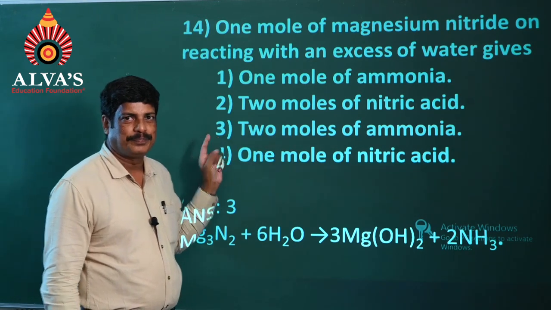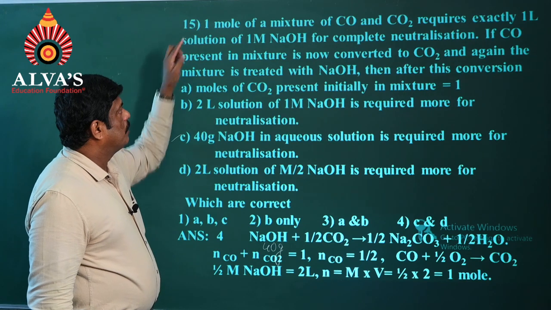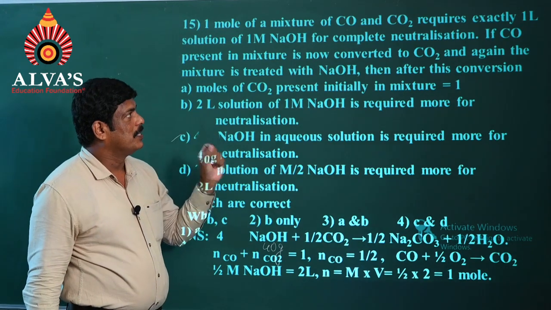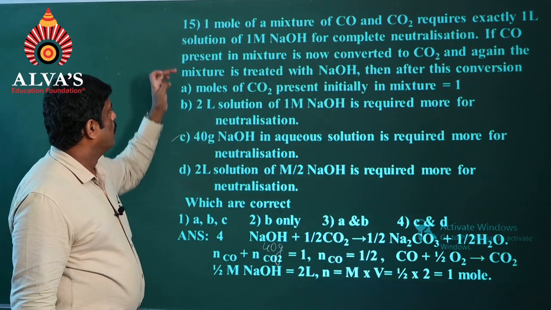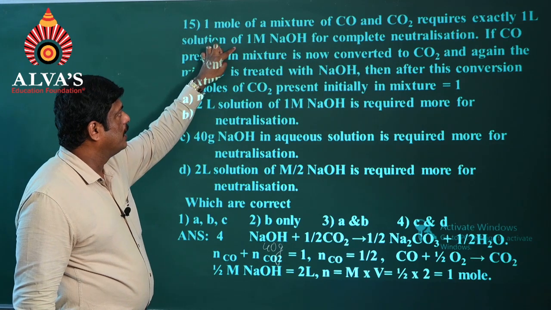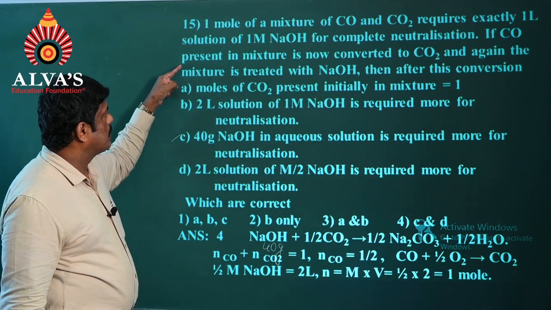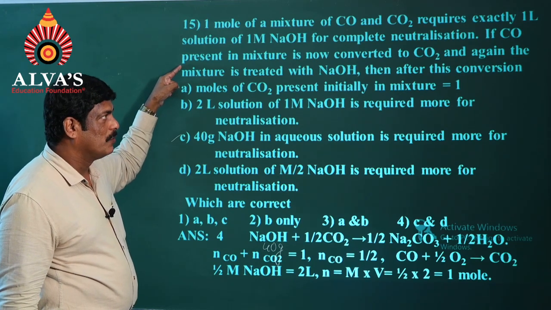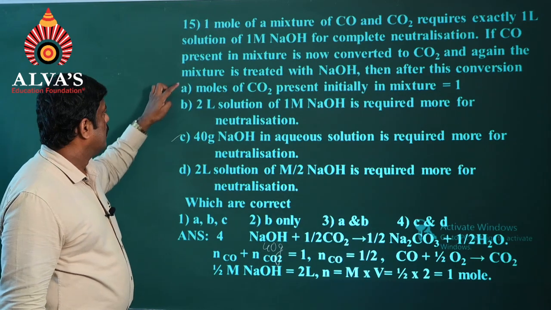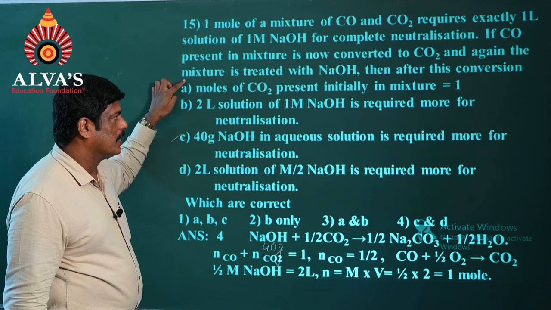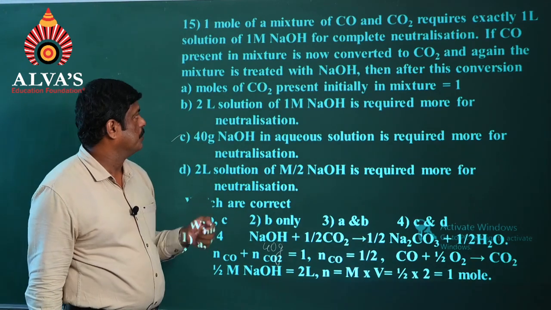Third option. 15th question. 1 mole of a mixture of CO and CO2 requires exactly 1 liter solution of 1 molarity NaOH for complete neutralization. If CO present in the mixture is now converted to CO2 and again the mixture is treated with NaOH, then after this conversion, which of the following is correct?